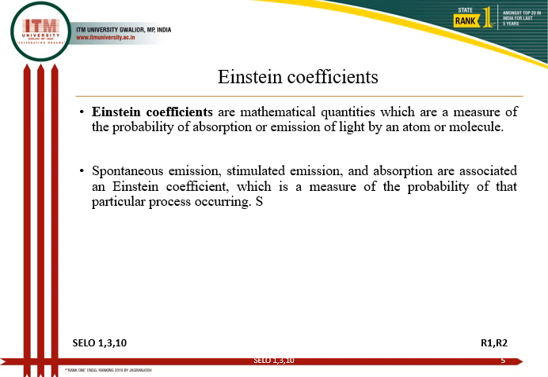These are the three mathematical quantities which are a measure of the probability of absorption or emission of light whenever light strikes any atom or molecule. And this probability is very useful for us for discussing the lasing action, whether lasing action will take place or not.